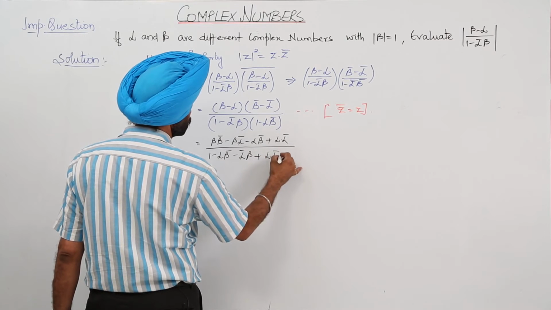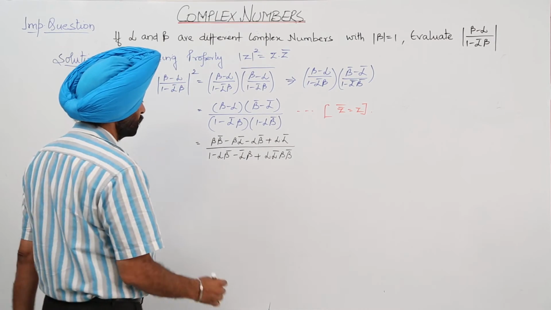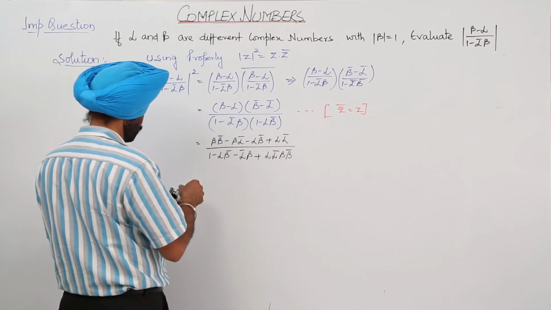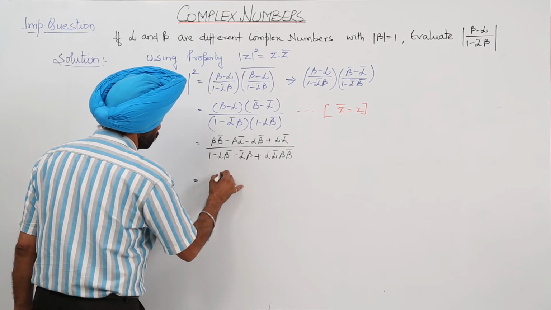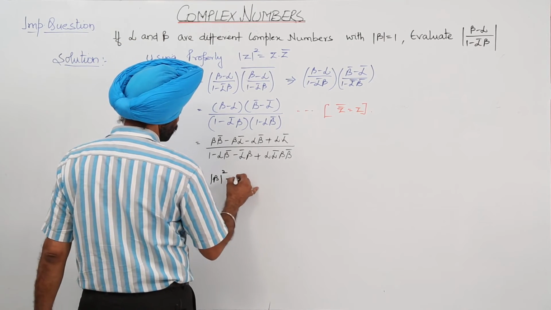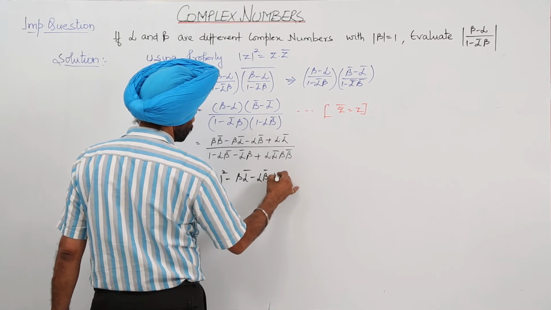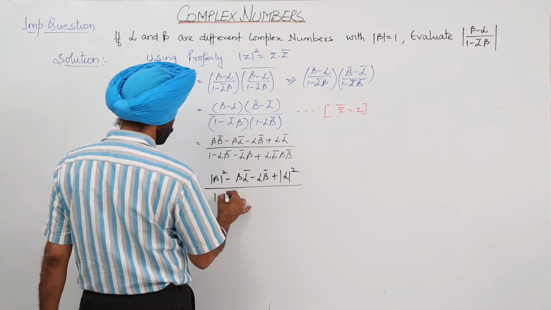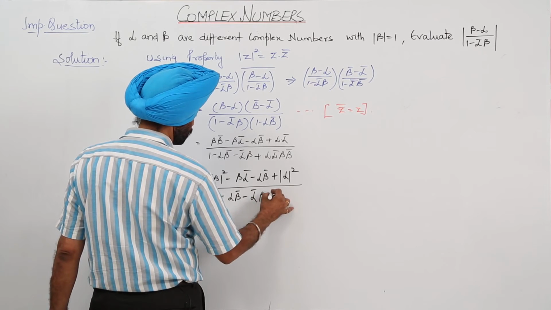Alpha conjugate beta conjugate. Now, again, squared upon 1 minus conjugate of alpha beta.